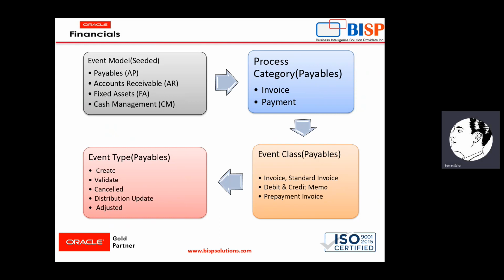Fixed assets is my event model, and cash management is my event model. In that, we have a process category. In payables, we have the invoice process category, and another one is payment, which is another process category.